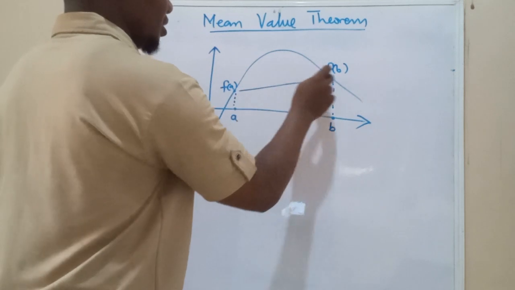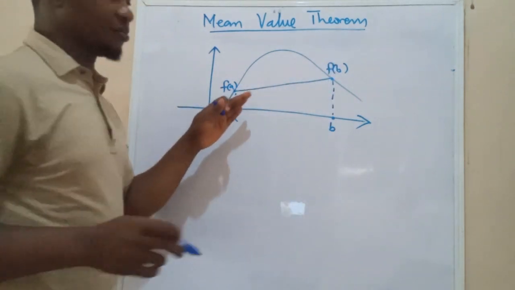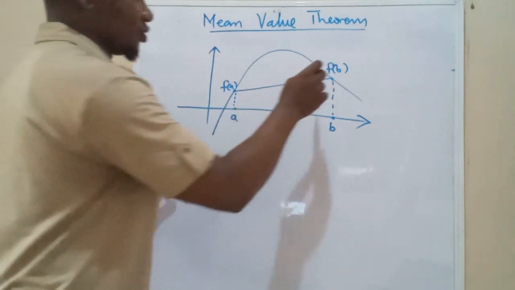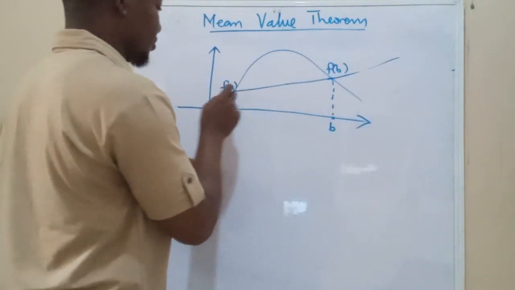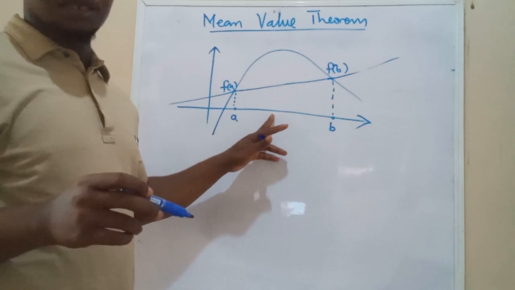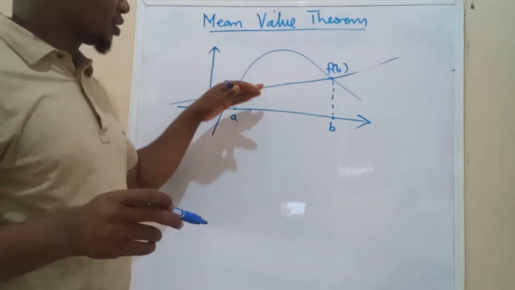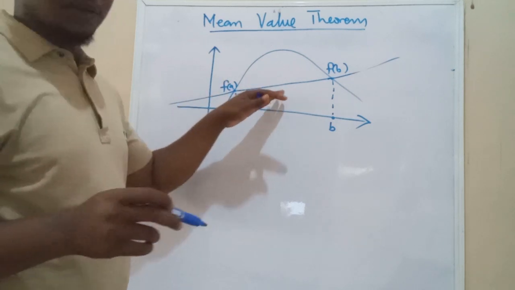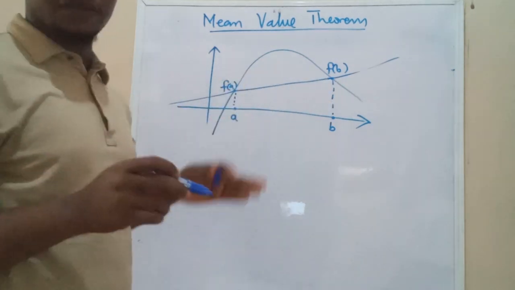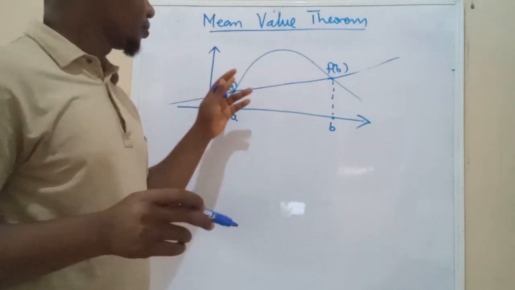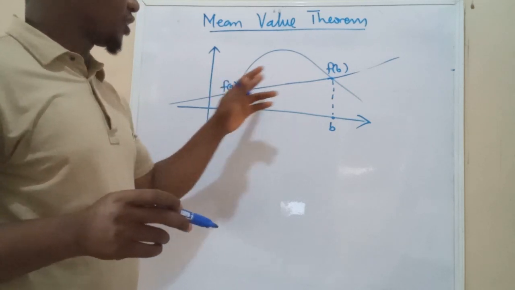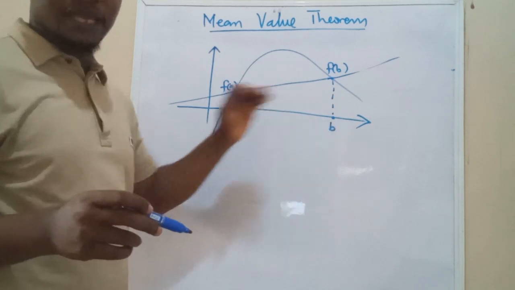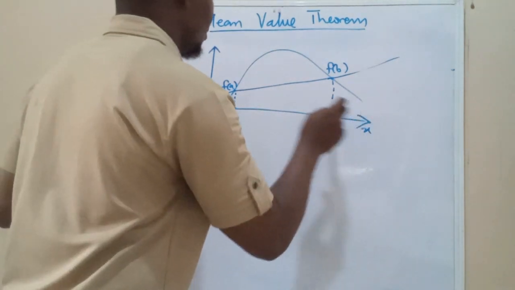As you can see, these are not the same, because this line is not the same thing as the horizontal line. Assuming they were the same, the line joining f of a and f of b would be parallel to the x-axis.